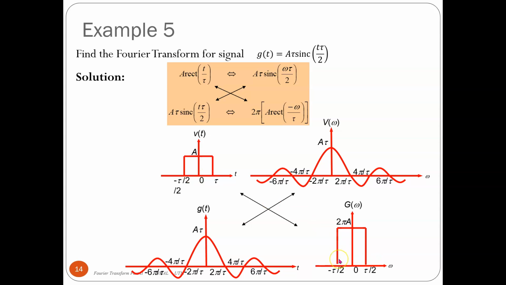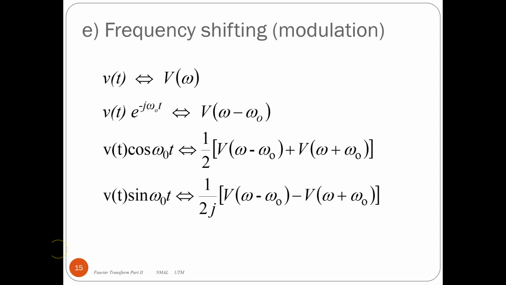However, we have the amplitude scaling by 2 pi, so this will become taller than the original rectangular signal. And basically we have negative omega, which has the negative effect of the phase. But since the rectangular signal is a symmetric signal, this does not give any effect to this example. Okay, and then the next property here is frequency shifting or modulation.